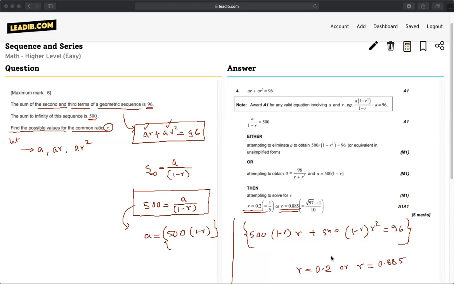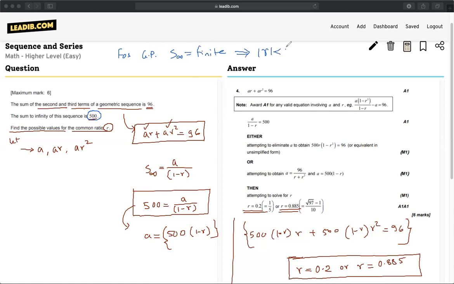And while choosing your R values, there is just one point that you have to be careful about: this is a GP, okay? And its sum to infinity is 500, which is finite. So just remember, for a geometric progression, if your sum to infinity is finite, this implies that the absolute value of R is going to be less than 1.